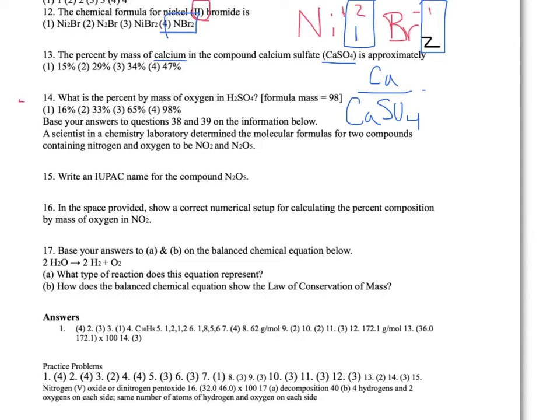According to our reference table, calcium has the mass of 40.1. And calcium sulfate's mass would be 40.1 plus 32.1 for the sulfur plus 4 times 16 for the oxygen. In my calculator, that works out to 29%.